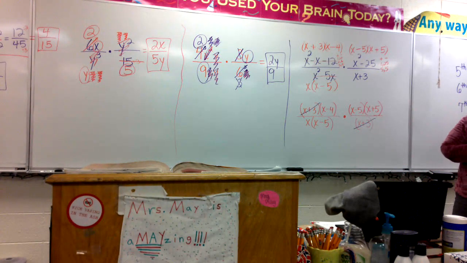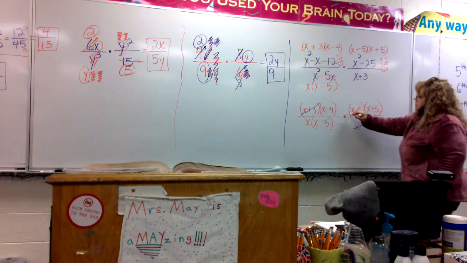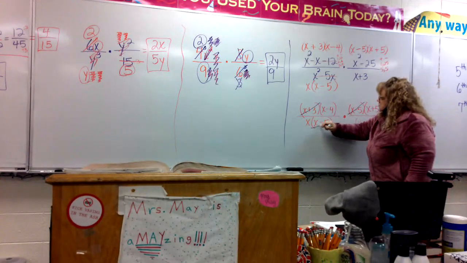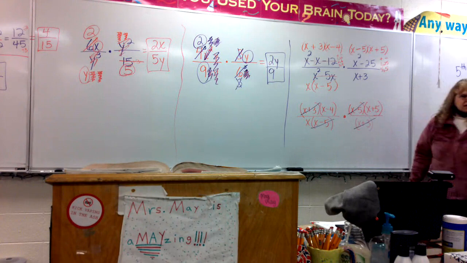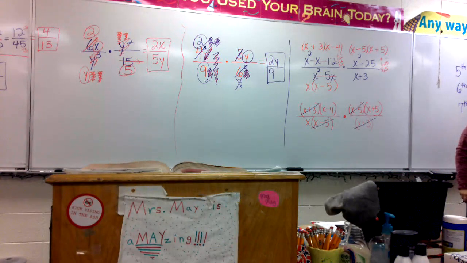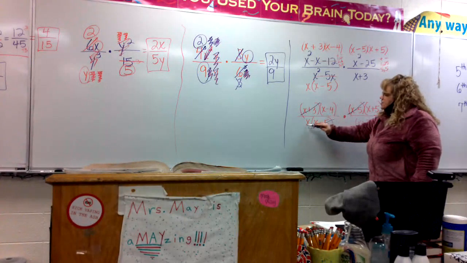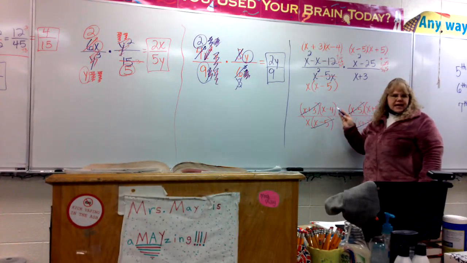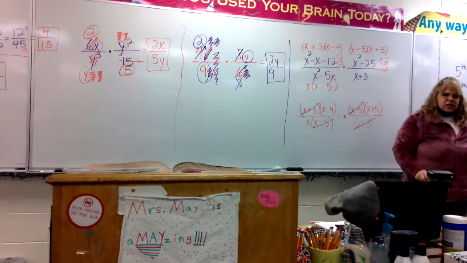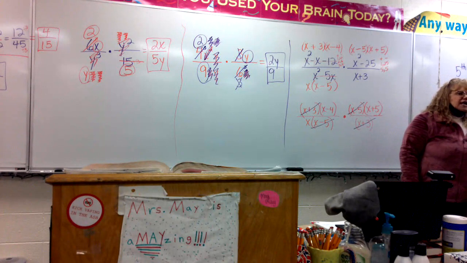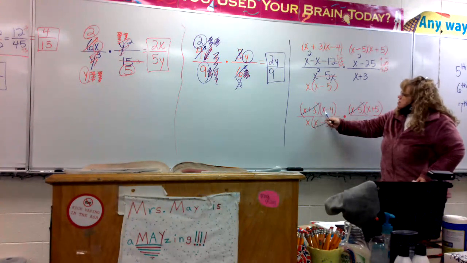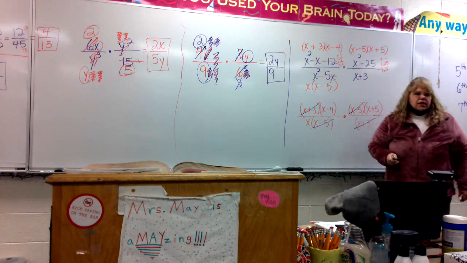Anything else the same on top and bottom? Yes? Anything else? Can I cancel this x? Can I cancel that x? No. Why not? Because it's x take away something.